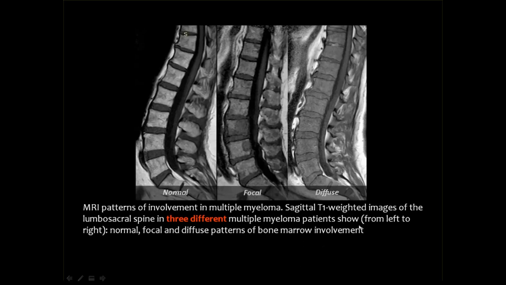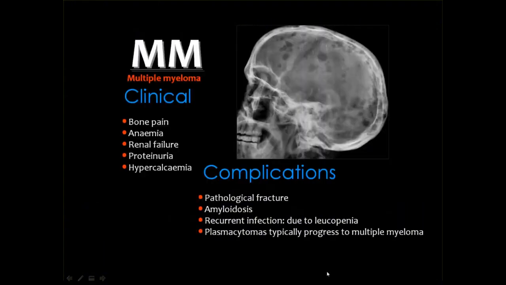Then here you can see different manifestations of myeloma. This is the normal appearance of the bone marrow in the T1 weighted image. And these are multiple lesions which are not distinguishable from metastasis, for example. And this is the diffuse type where you get significant decrease in the bone marrow signal in the T1 weighted image compared to the normal appearance.